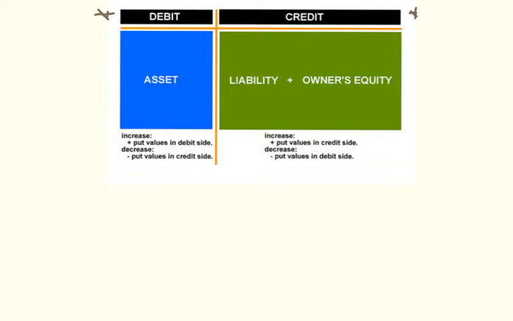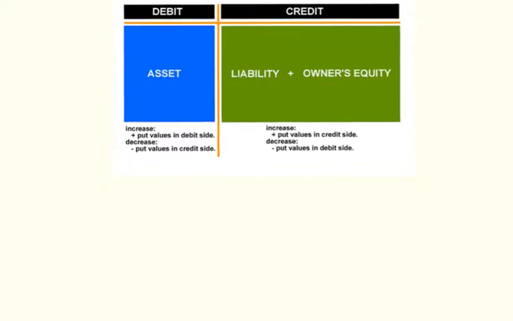Do not get that confused with accounting. The only thing that debit and credit means in accounting is you put it on the right or the left side. That is it. It is the nature of the account, what the account means, whether it's an asset, a liability, or an equity account. That's what determines whether your account will increase or decrease.